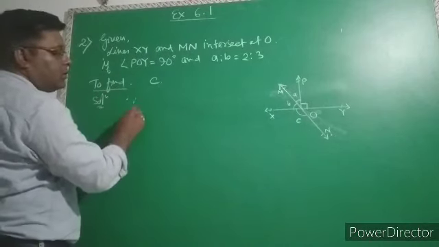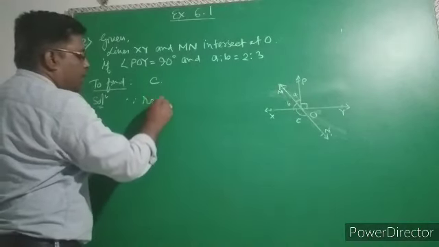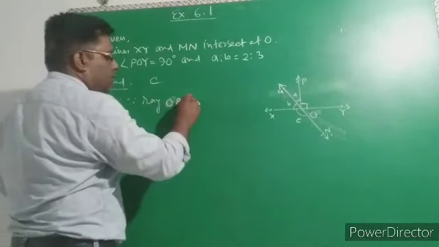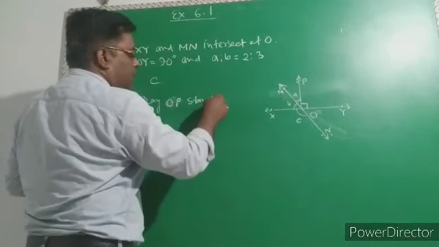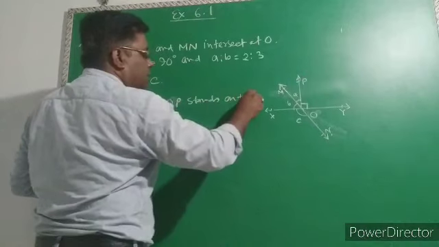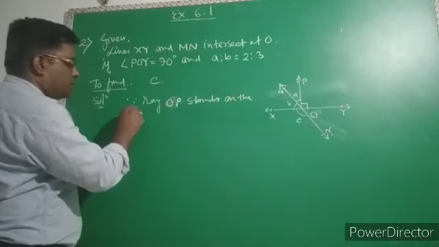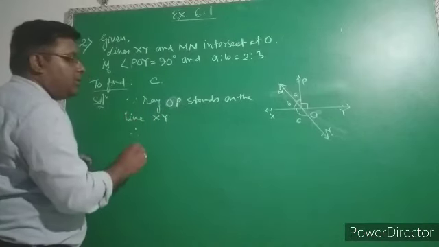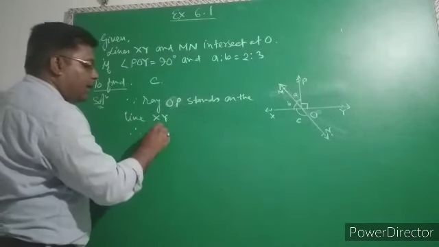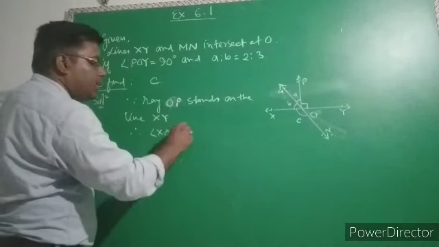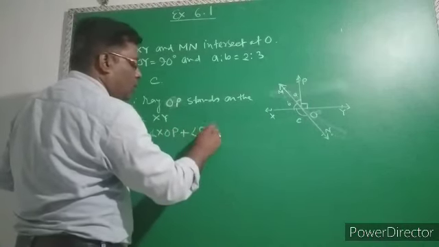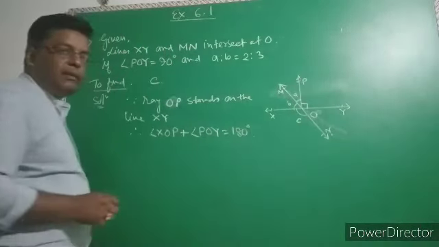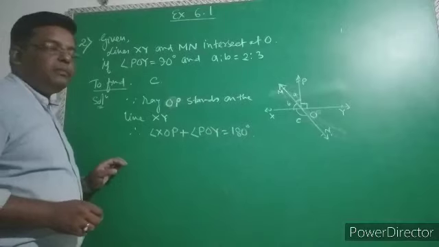Since ray OP stands on the line XY, therefore angle XOP plus angle POY is equal to 180 by linear pair axiom.